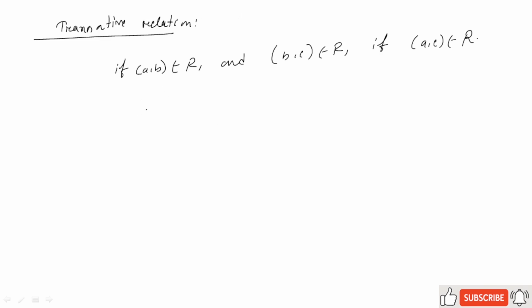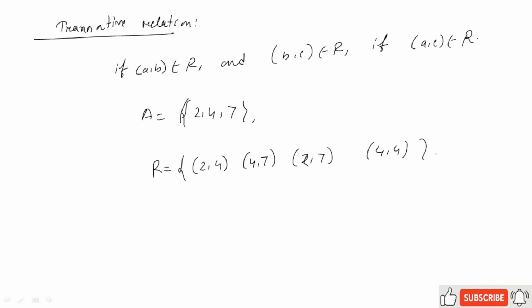That means for a set A equal to {2, 4, 7}, the relation R equal to {(2,4), (4,7), (2,7), (4,4)} is a transitive relation.